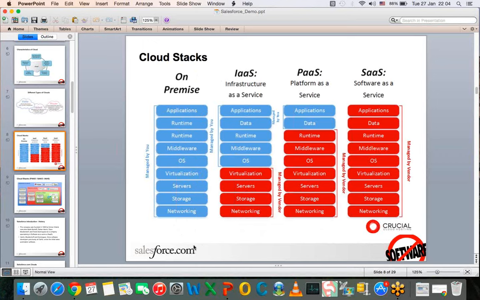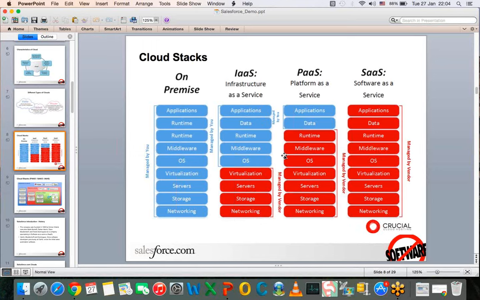But when it goes to infrastructure as a service, some part is maintained by the vendor who is providing the service, and some part is maintained by yourself. The major part, from networking till virtualization, is maintained by your vendor, and the rest, from operating system till application end, will be maintained by yourself.